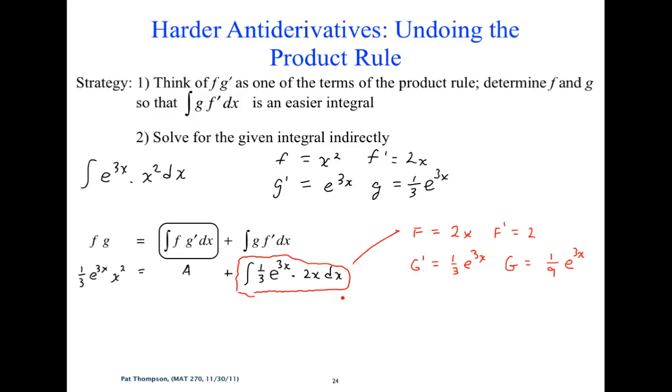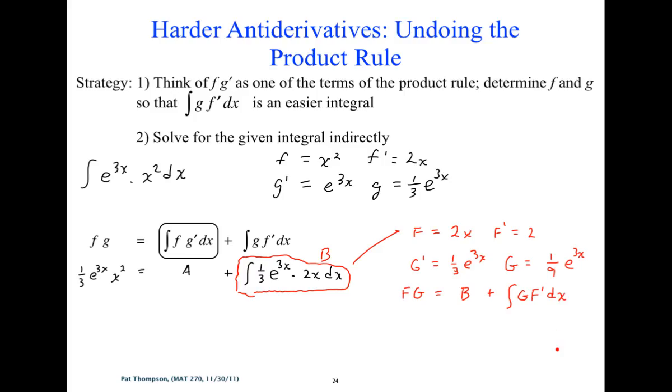And so now I'll call this one capital B. So what do I have? I'm going to have big F, big G will equal B plus my easier integral, which will be capital G f prime, right?